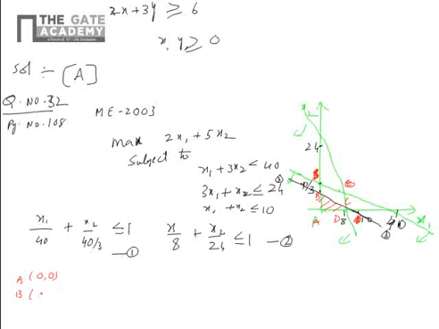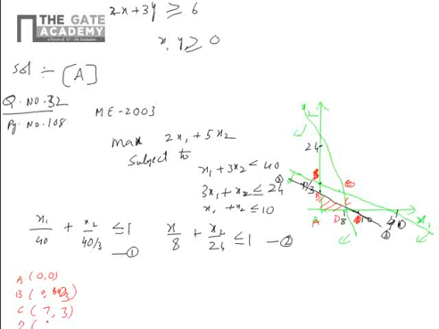So B value is 0, 40 by 3, and C is 0, 10. C is 7, 3.